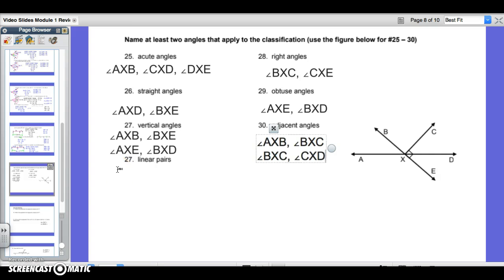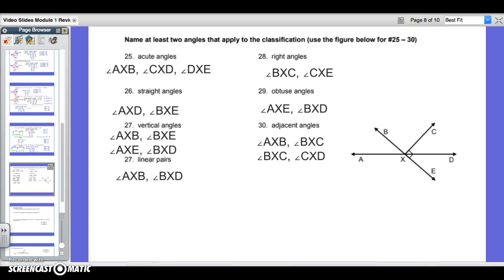Okay, linear pairs. There's two different linear pairs in this question, maybe even more. But linear pairs are two angles that form a straight line. So angle AXB with angle BXD, excuse me, those would form one, and let's look at why.